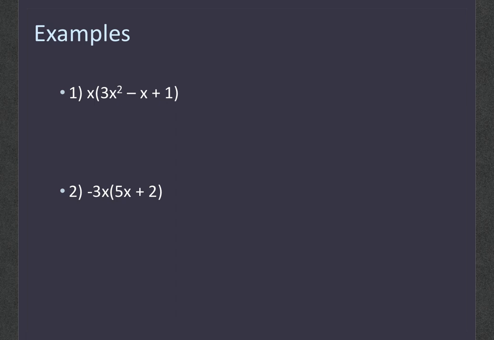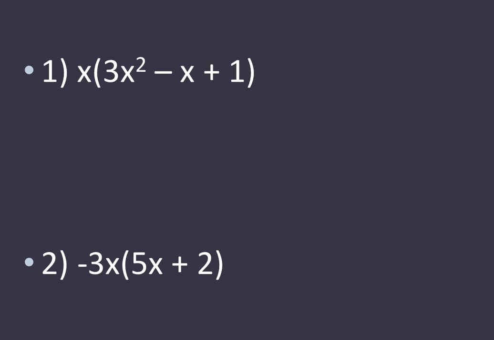All right, so we start with just using the distributive property to multiply the variable out. On example 1, I'm going to distribute x to the 3x squared, and that would be 3 times 1 or 3, and then x to the first times x to the second. We add the exponents, so it's x to the third. And then I would do x times negative x, which would be negative x times x, or x squared.